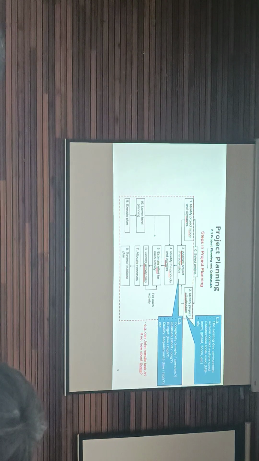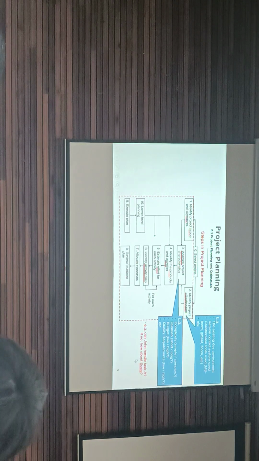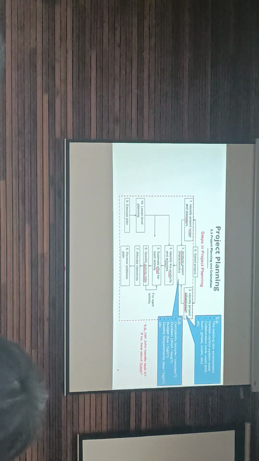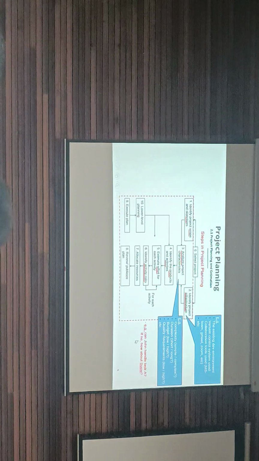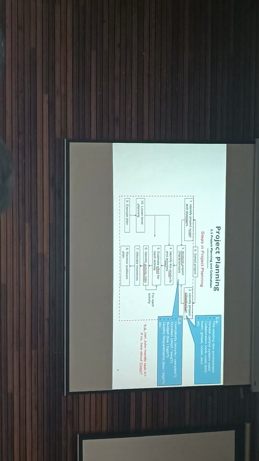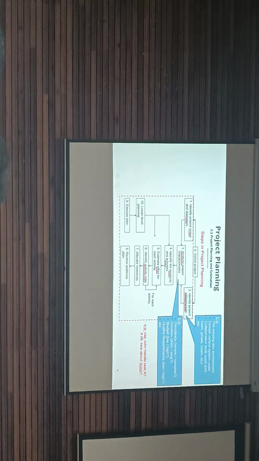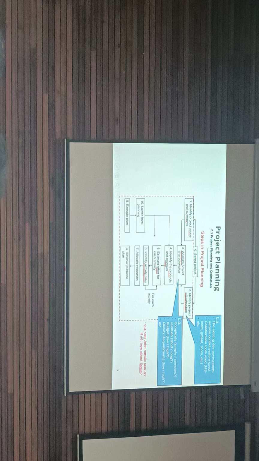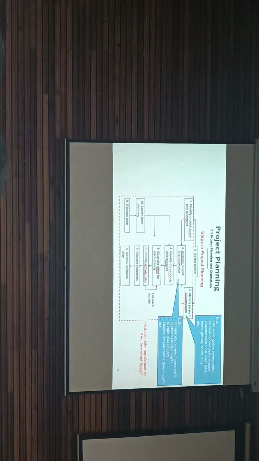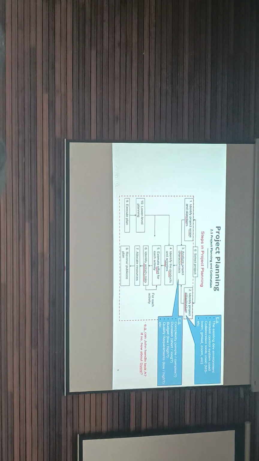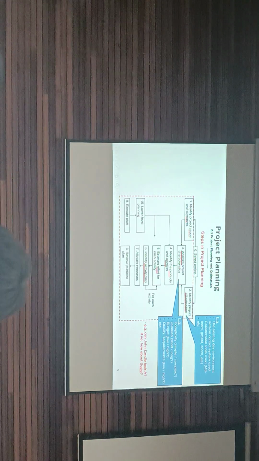If yes, then you assign activity A to Susie. So you don't assign task A to John. It's risky if you do that, because John cannot handle it.